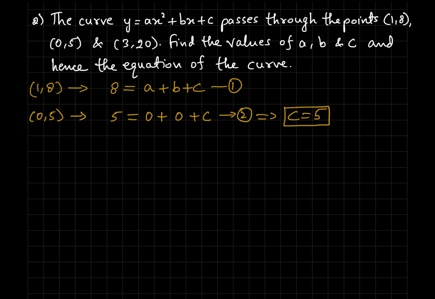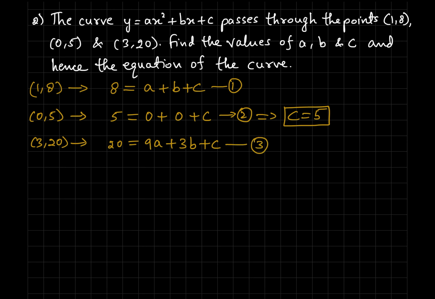Now the next is substituting (3, 20) in the curve. So 20 is my y point, so 20 is equal to a times 3 square. 3 square is 9, so 9a, plus b times 3, so 3b, plus c. This becomes my third equation.